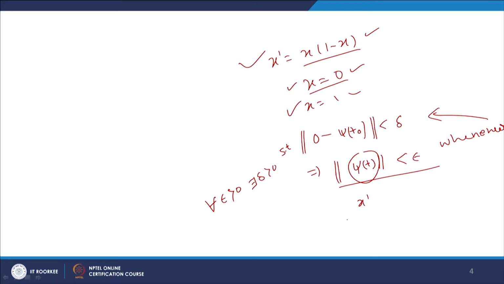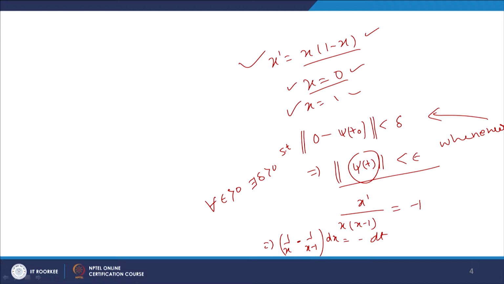Here we have x dash divided by x into x minus 1 equal to minus 1. For simplicity, I am writing it as dx over x into x minus 1 equal to minus dt. Now here I can write 1 over x minus 1 minus 1 over x, which gives the difference, and on the right it is minus 1.